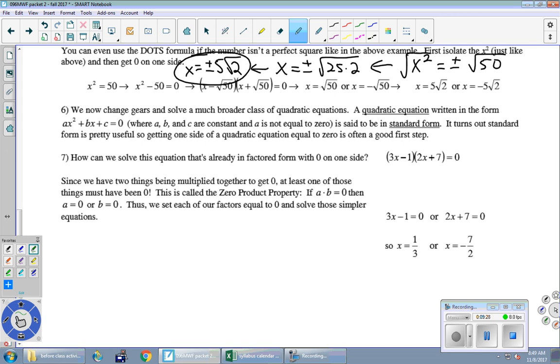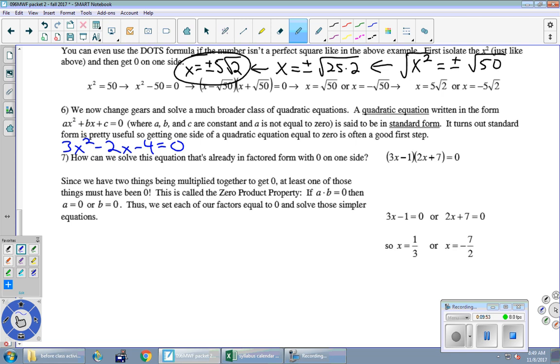Quadratic just means the highest power is 2. A quadratic equation written in the form ax squared plus bx plus c equals 0, where a, b, and c are constants, is said to be in standard form. So we're going to have lots of equations that we solve like this. For example, 3x squared minus 2x minus 4 equals 0. That is a standard form quadratic equation.